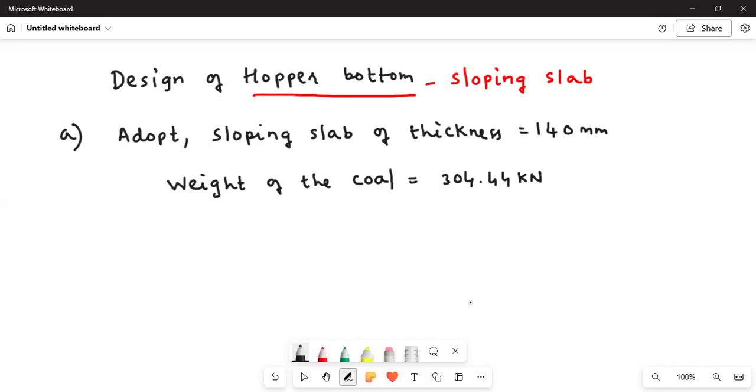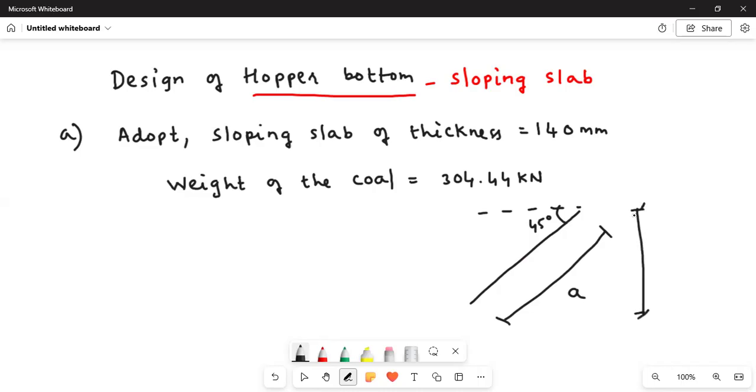Now, the hopper bottom is like this, and it is at 45 degrees with respect to the horizontal. This is your A, the inclined distance, and the vertical distance is h3. We calculated h3; the vertical distance is 1.5 meter because the horizontal distance is 1.5 and the angle is 45 degrees.